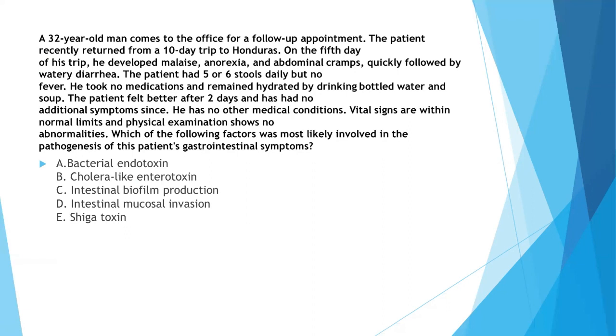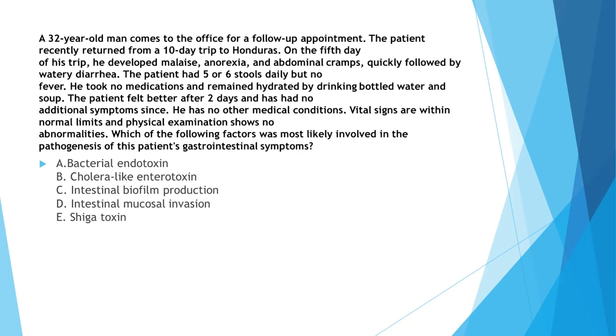A 32-year-old man comes to the office for a follow-up appointment. The patient recently returned from a 10-day trip to Honduras, and on the 5th day of his trip, he developed malaise, anorexia, and abdominal cramps, quickly followed by watery diarrhea. The patient had 5 or 6 stools daily, but no fever. He took no medications and remained hydrated by drinking bottled water and soup. The patient felt better after 2 days and has had no additional symptoms since.